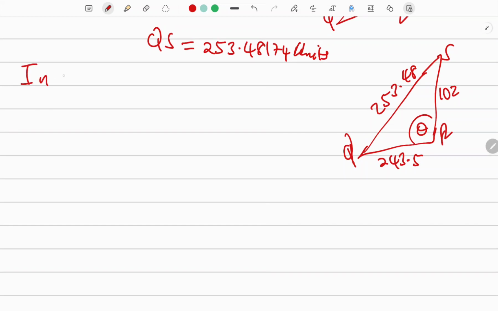So we told the examiner that in triangle QSR we can use the cosine rule here.